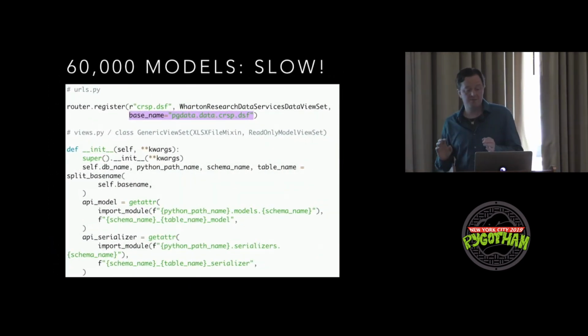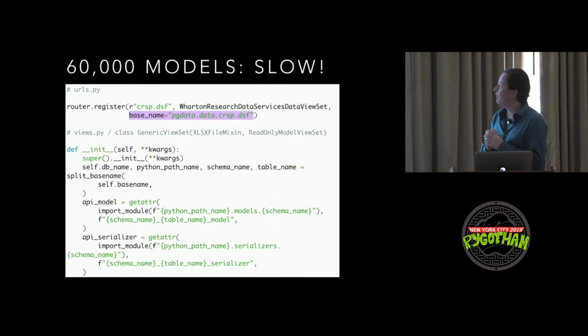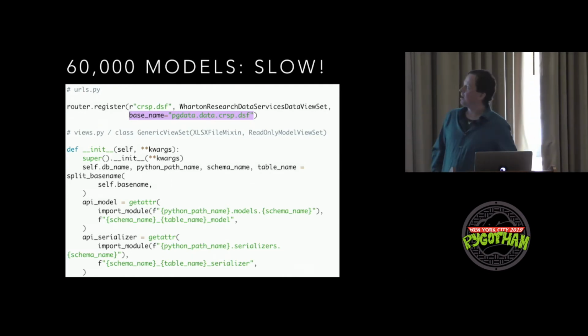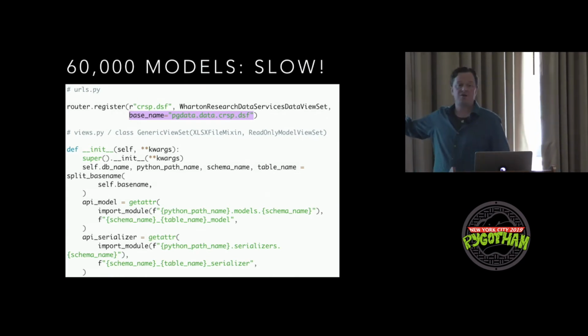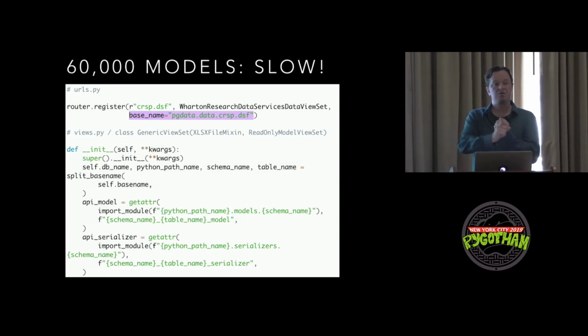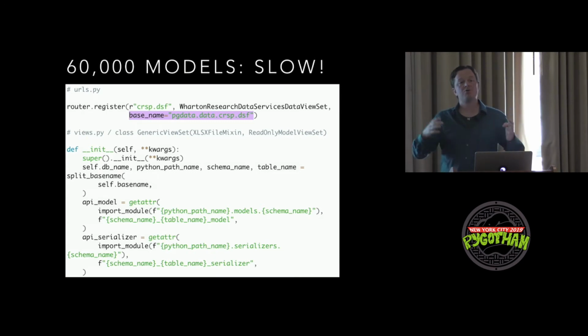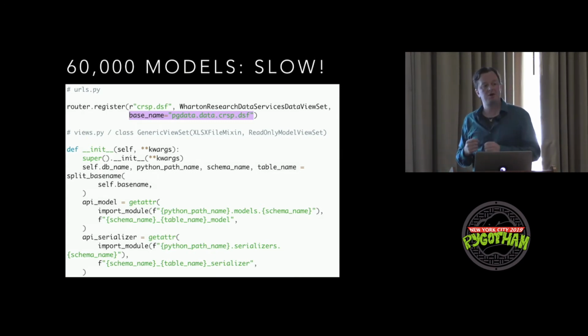So what we did, we came up with a way for the first problem, the 60,000 models being slow problem, of overloading base names. Every endpoint within Django REST Framework that you register requires a base name that has to be unique. So we overloaded this base name by including the Django database definition name, the app name, the schema name, and the table name, which would always be unique, but also gave us the information we needed in a convention for putting together a model, serializer, and view for each endpoint.